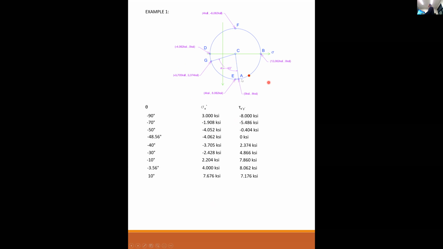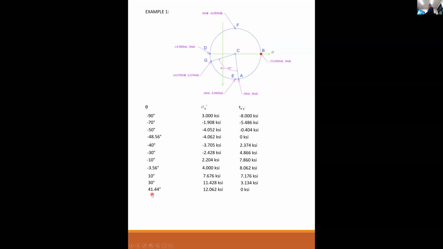At 10 degrees, see, now I'm on the positive theta side from my reference A, and my sigma is at 7.6 now, and my tau is at 7.1 now. So down 7.1 over 7.6. At 30 degrees, I'm now at a sigma of 11 KSI, tau is 3 KSI.